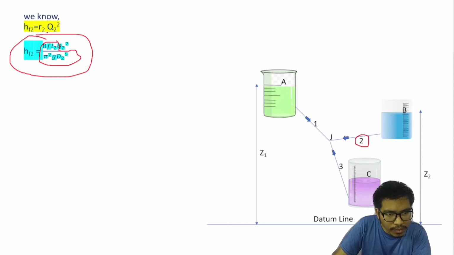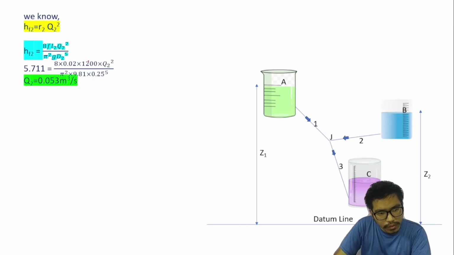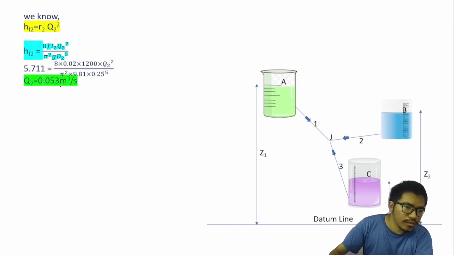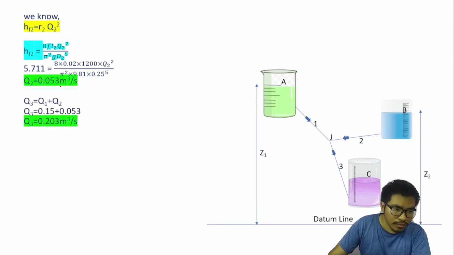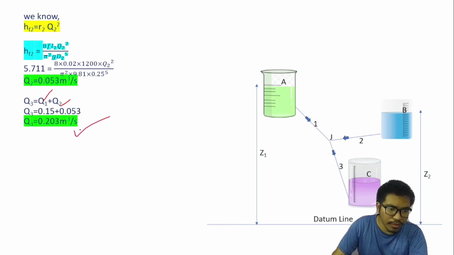So this constant we denote by R2, so only the variable is Q2. So we put the values and got discharge Q2 as 0.053 meter cube per second. Q1 is given in the question, Q2 is 0.053, so we can calculate Q3 as 0.203 meter cube per second.